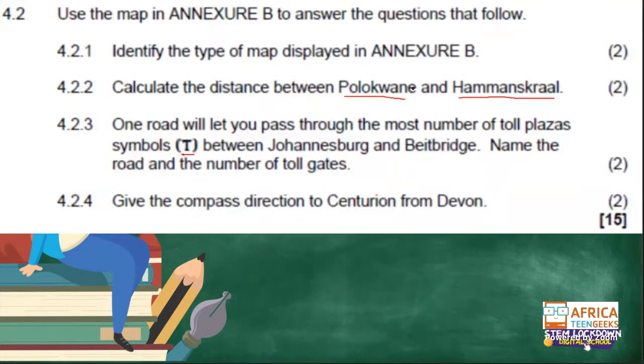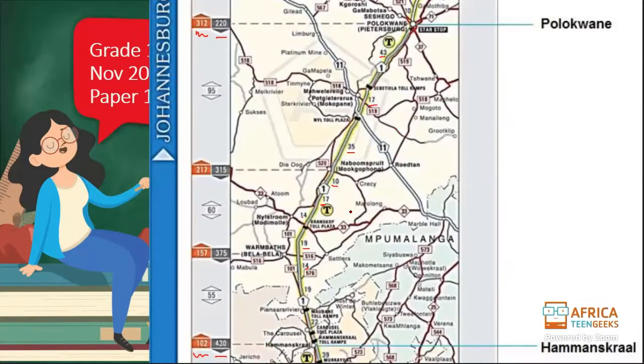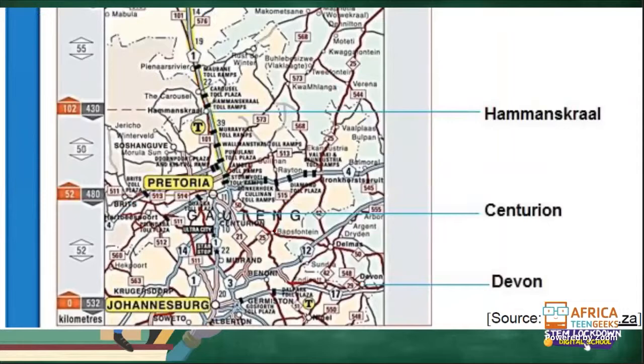Last question for today. Give the compass direction to Centurion from Denver. To Centurion from Denver, right? So we need to identify those 2 places. There's Denver, there's Centurion, right? So it helps to actually, after identifying those 2 places, draw a line between those 2 places, right?